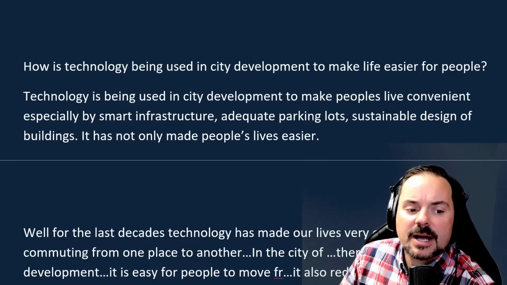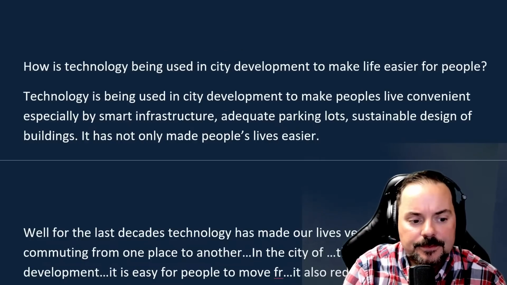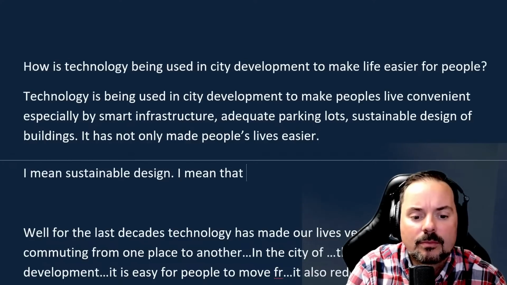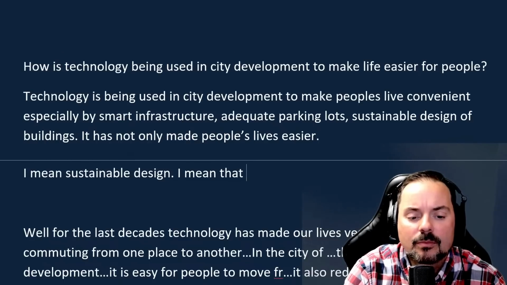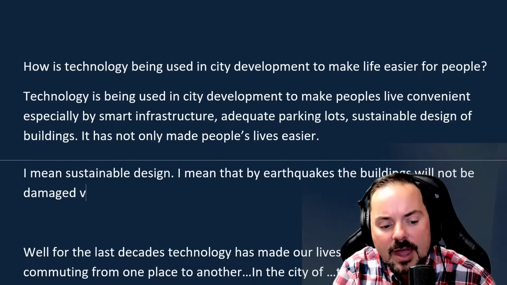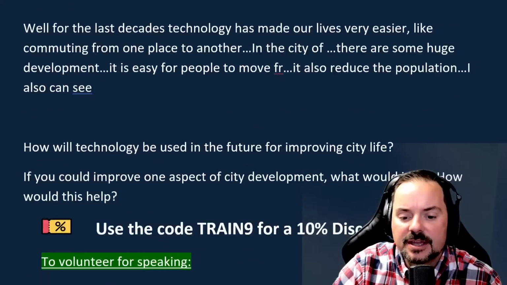What do you mean by sustainable design of buildings? I mean, for example, during earthquakes, the buildings will not be damaged very easily, or something like that. How will technology be used in the future for improving city life?